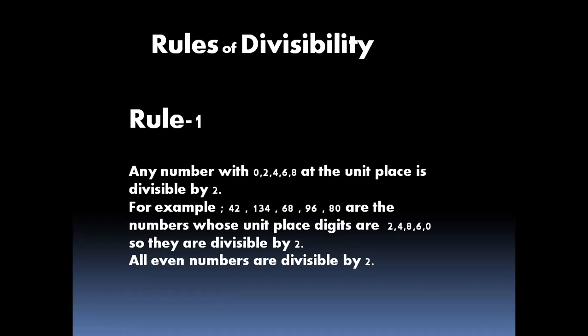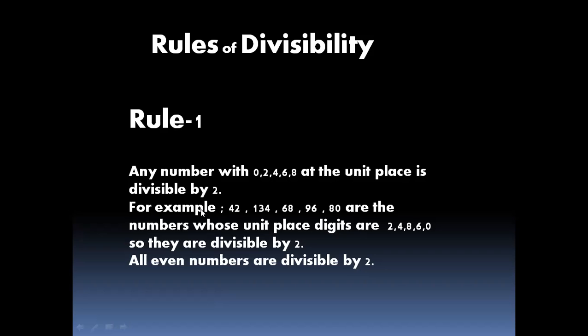Students, we have many rules of divisibility. Let us move to the first rule of divisibility now. Students, the first rule is any number with these digits 0, 2, 4, 6, 8 at the unit place is divisible by 2.